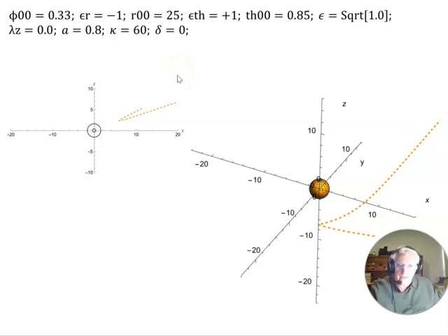Whether or not that reflects reality, I don't know, but certainly these equations are predicting that. I don't know if a photon would come in and then be thrown back out again, because it simply has no angular momentum at all around that vertical axis.